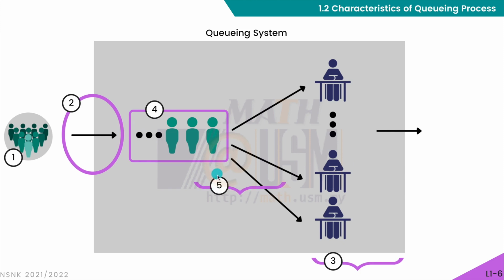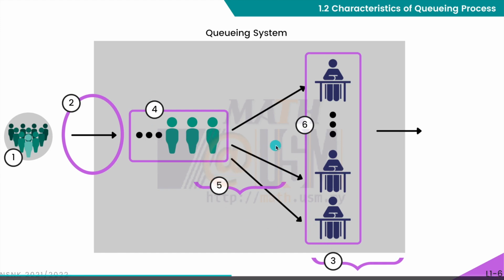The fifth factor is the queue discipline, which depends on the order in which customers will receive service. Finally, the last characteristic is the service mechanism, comprised of the server and also the service channel. Basically, factors 2, 3, 4, 5, and 6 will provide an adequate description of the queuing system based on factor number 1.